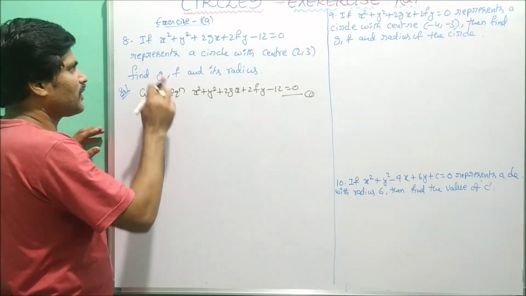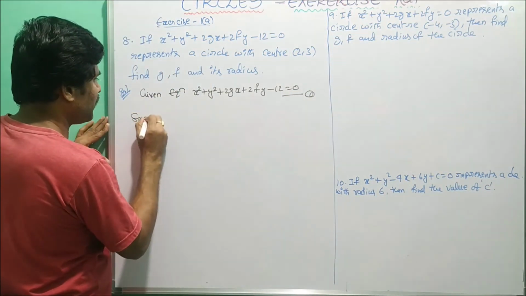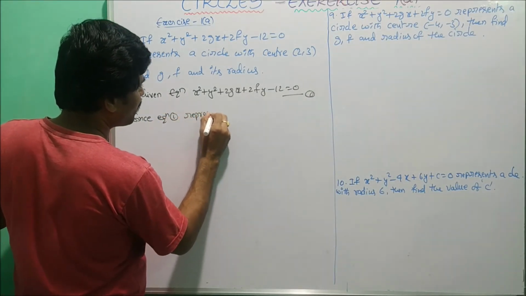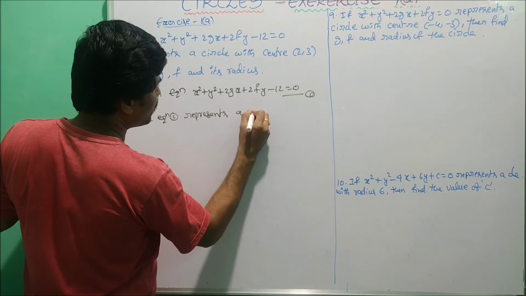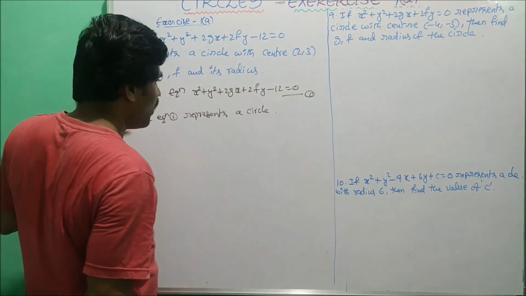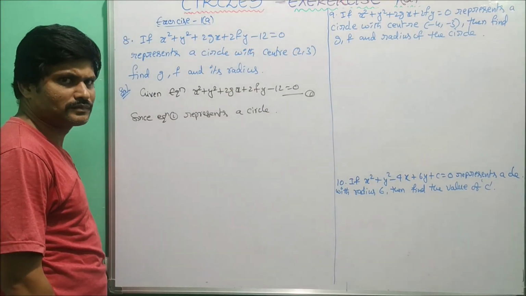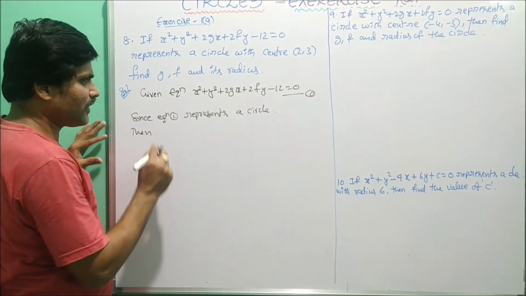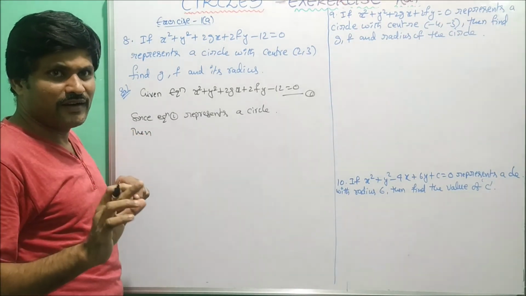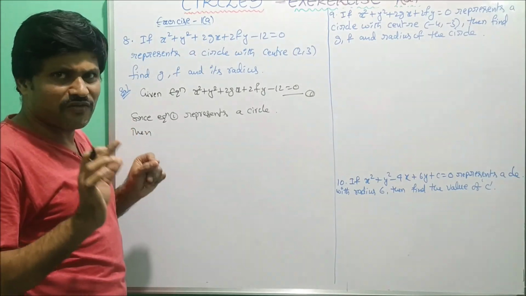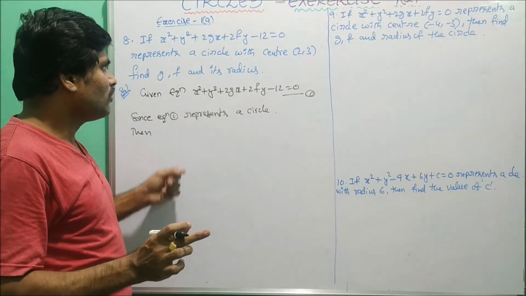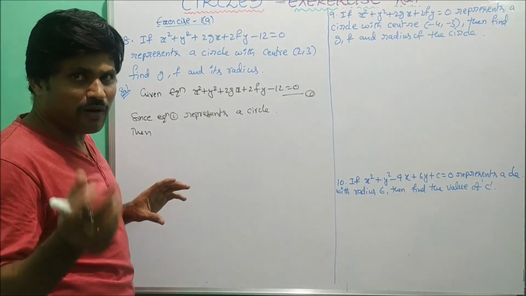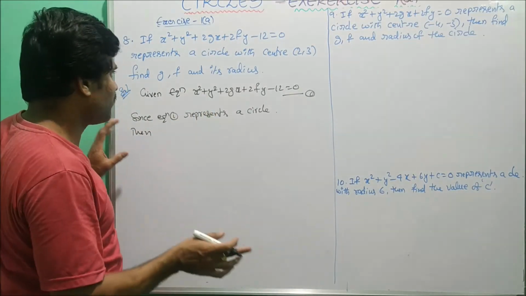Since equation 1 represents a circle, clearly we know that in the general form of a circle, the coefficient of x² equals the coefficient of y², and also the coefficient of xy equals 0 in the general form of a second degree non-homogeneous equation.